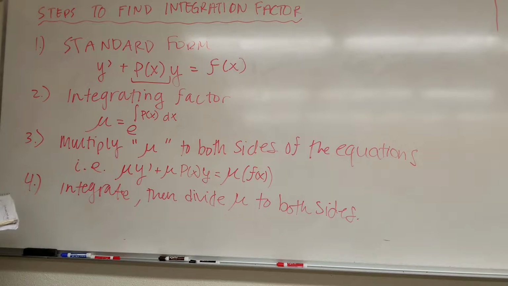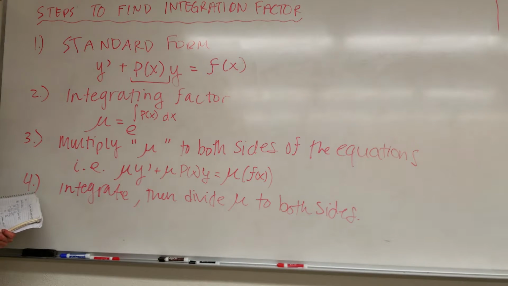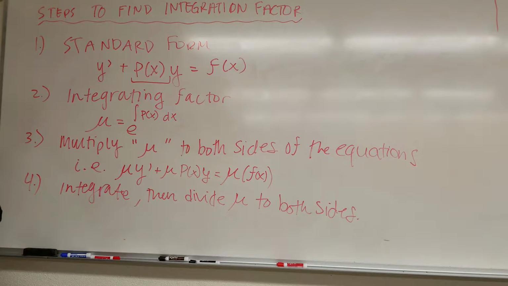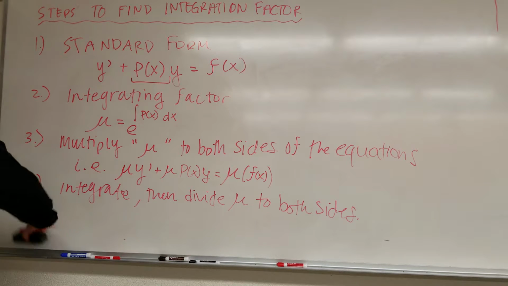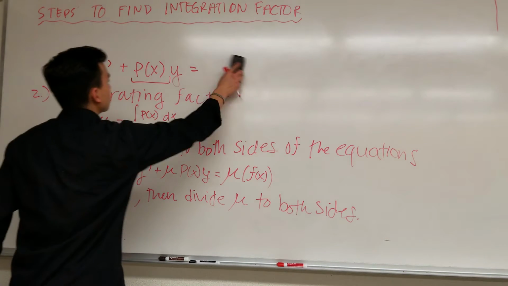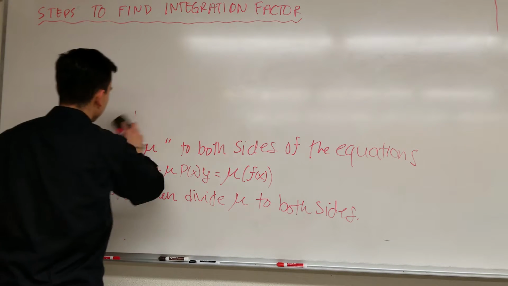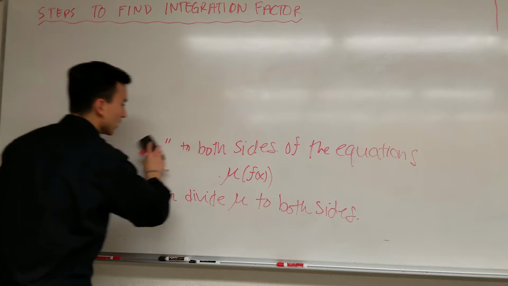So maybe a lot to remember, but once we start getting into examples, we'll figure out what all these steps mean in terms of how you implement these to solve a differential equation. Okay, so let's get into solving these differential equations of order 1.